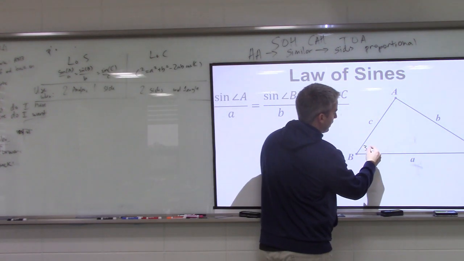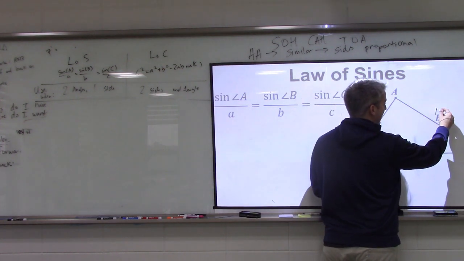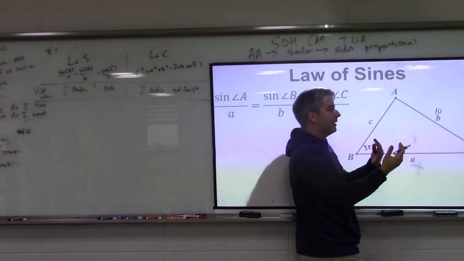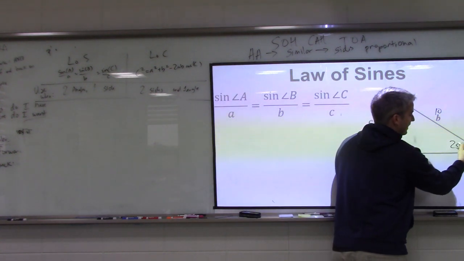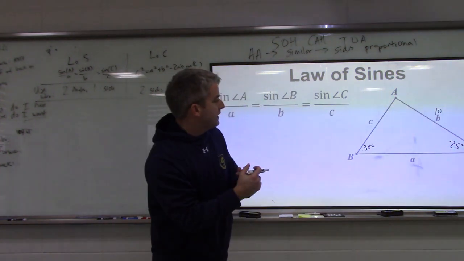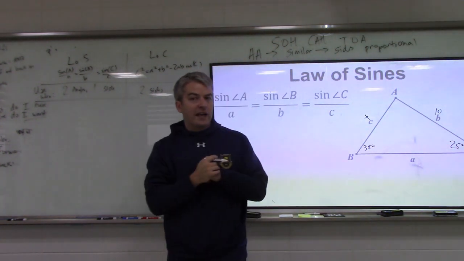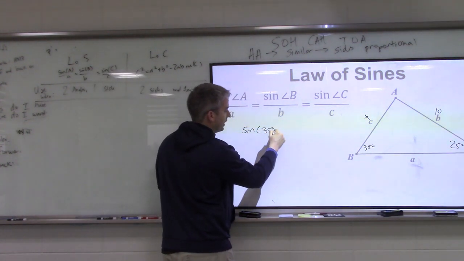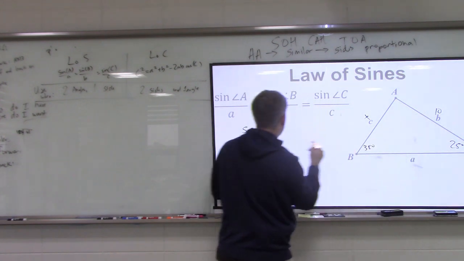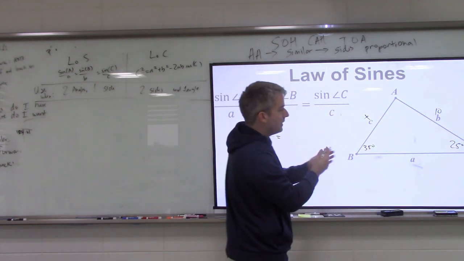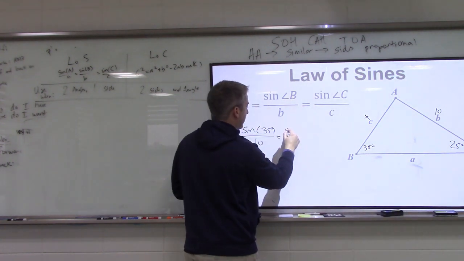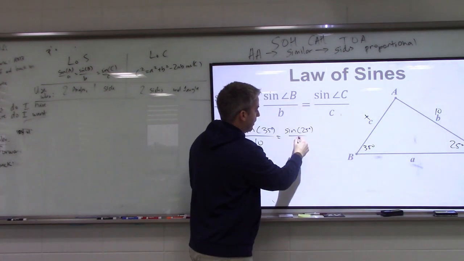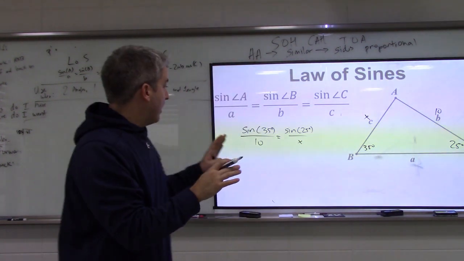We could use that to solve a problem like this, where say we know angle B is 35 degrees, side B is 10, and angle C is 25 degrees, and we want to find side C. So the sine of 35, the sine of angle B, divided by its opposite side, is going to be equal to the sine of 25 divided by its opposite side, which for us is going to be x.